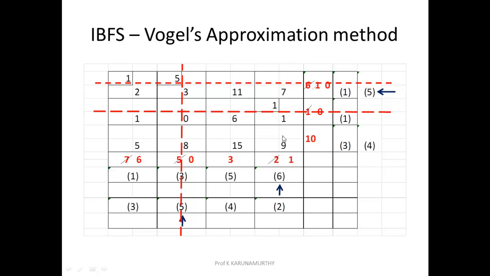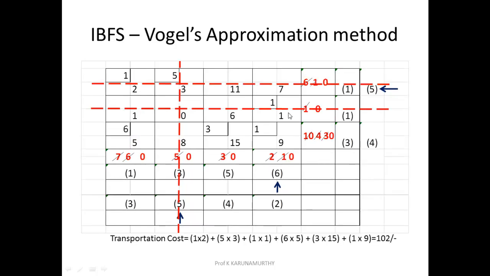Among 5, 15 and 9, this cell is having the minimum transportation cost, so we are going to do the allocation here. Here the supply is 10 and demand is 6, so you can supply 6 quantities from here to meet the demand. Here demand is 6, supply is 10.